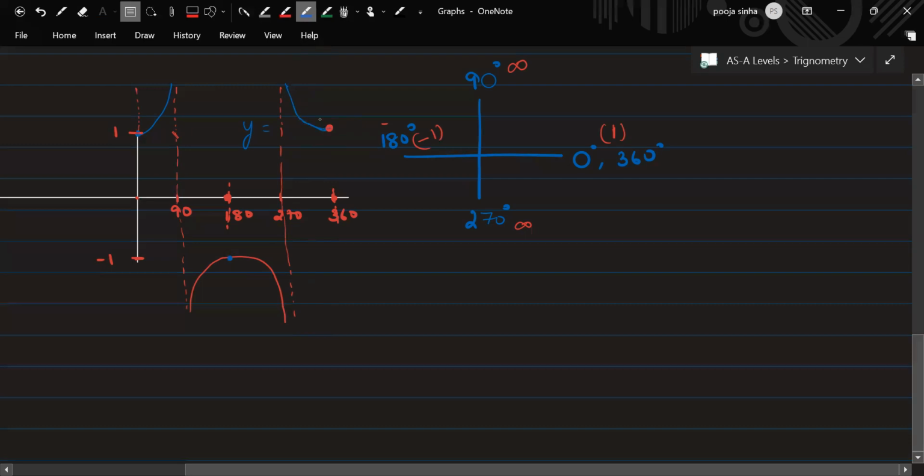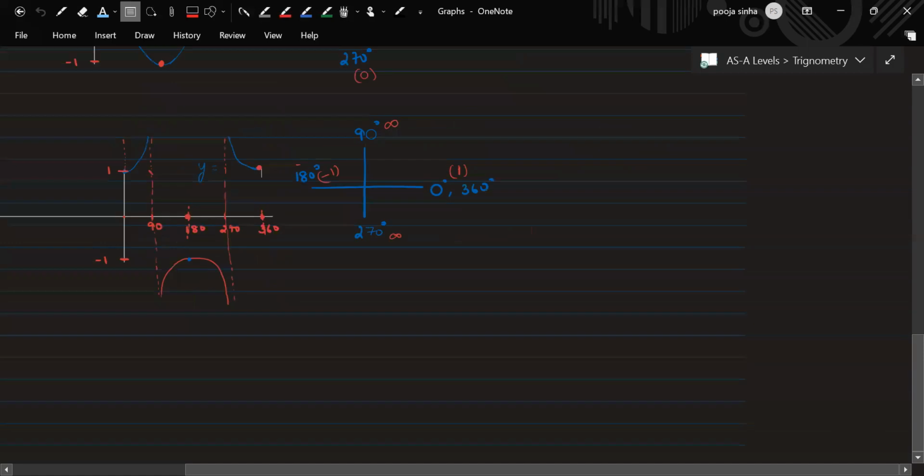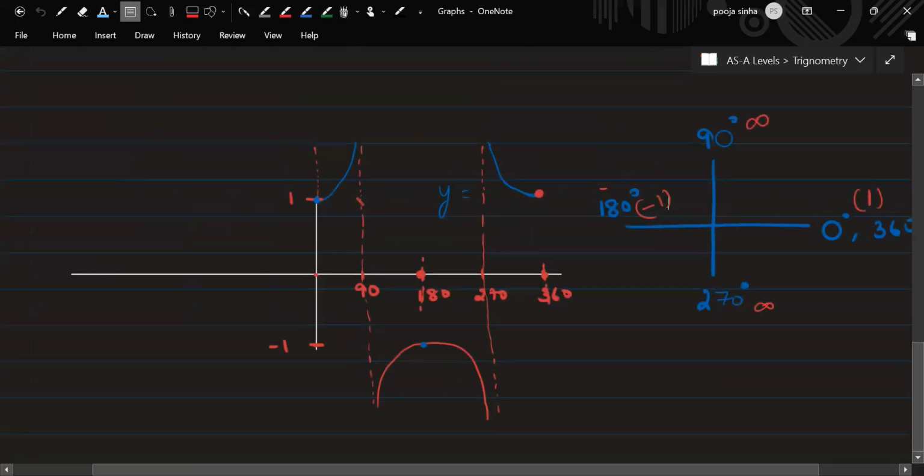Clear? Now what is this graph for? Sec. y is equal to sec theta.